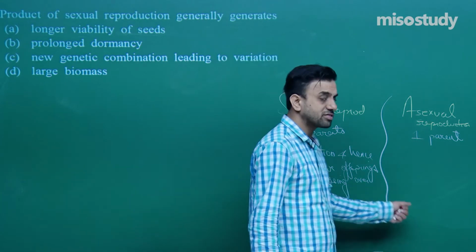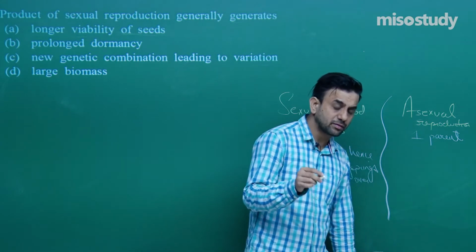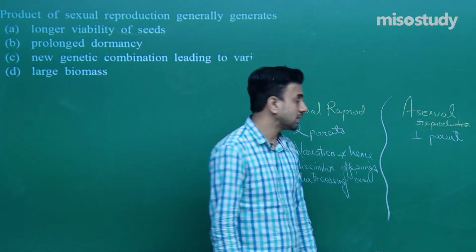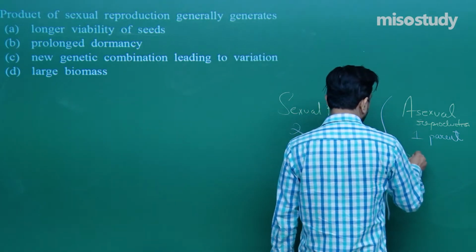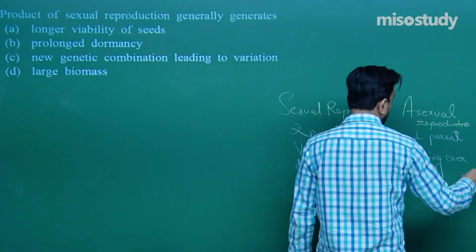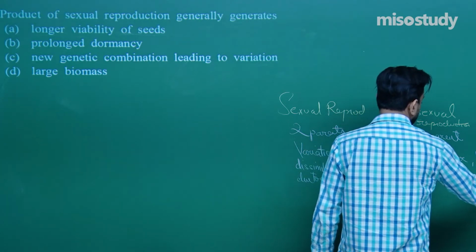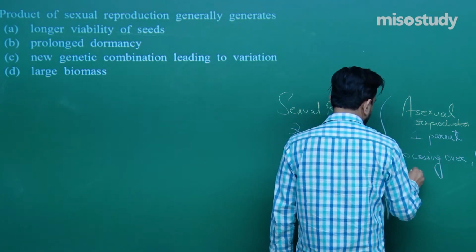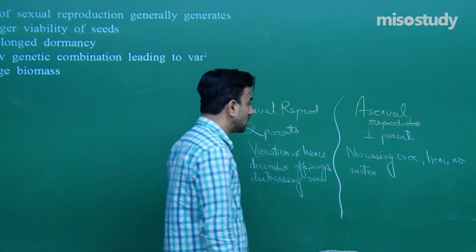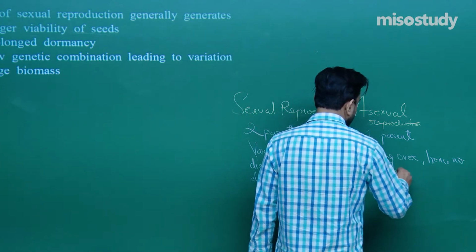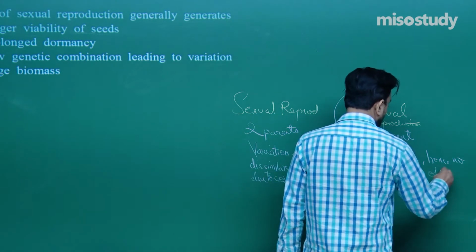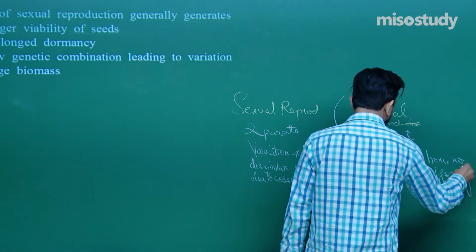In asexual reproduction there is no crossing over, hence no variation, and the offspring will be identical to the parent.